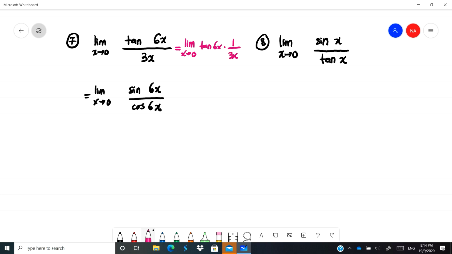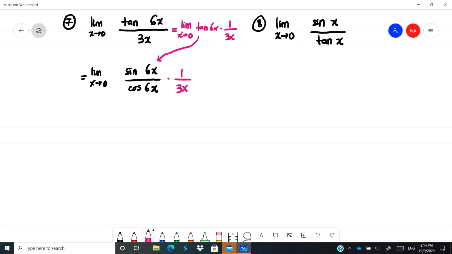So now we have converted into this, and we have that 1 over 3x at its side, so it will be multiplied by 1 over 3x. Now we can simply put them together, or I can even put them separately, something like sine 6x over 3x, cos 6x.